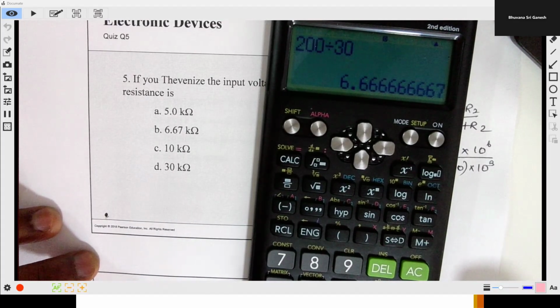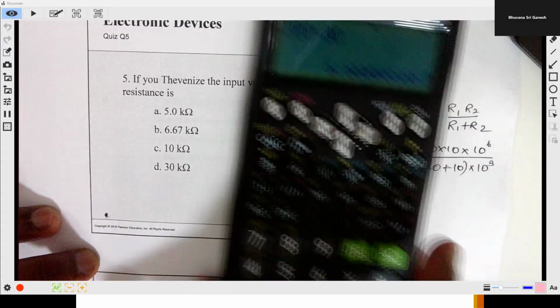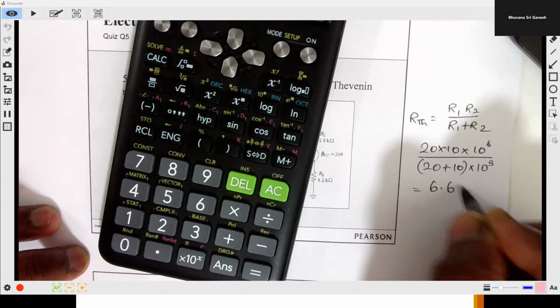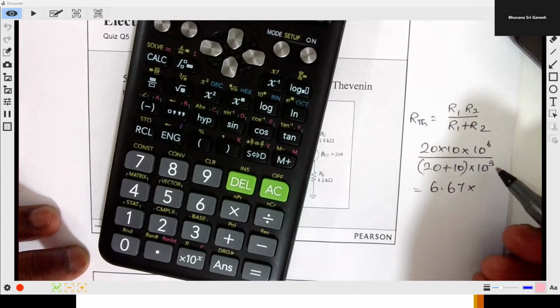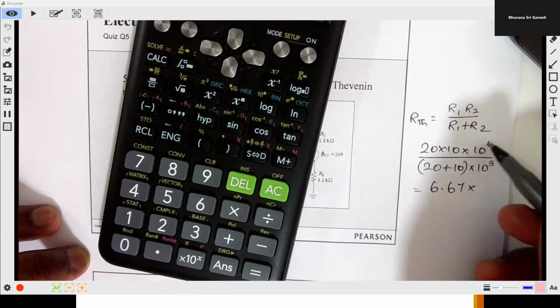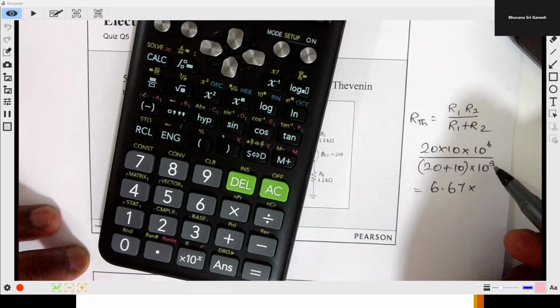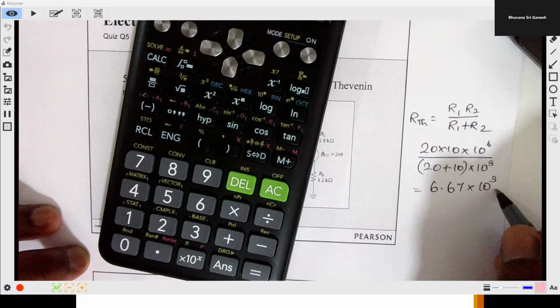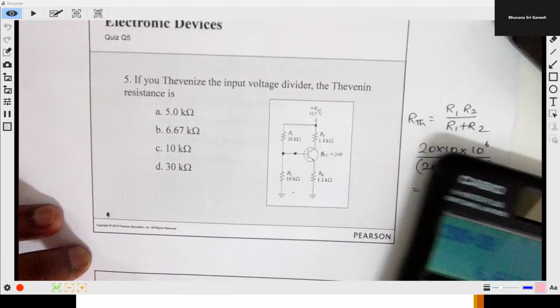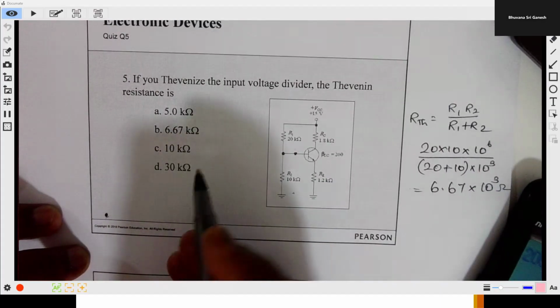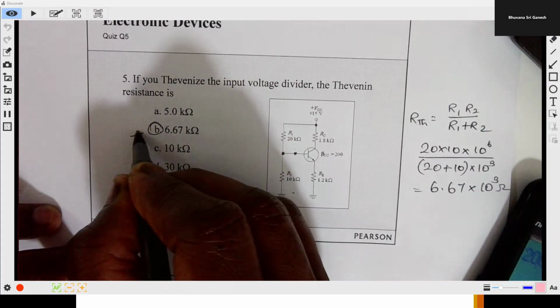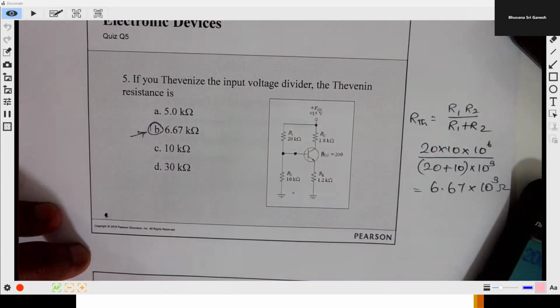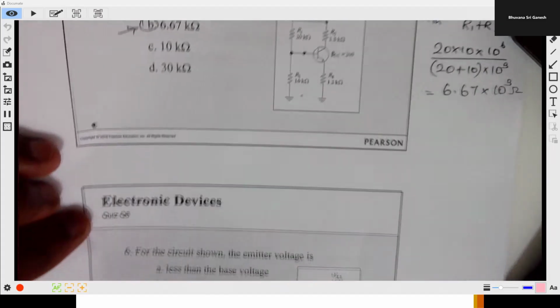We can round it to 2 decimal places. 6.67 times 10 power 6 minus 10 power 3 gets subtracted, so it ends up as 10 power 3 in the answer. 6.67 kilo ohms. Do you have it in the options? Yes, you have. So B is the answer. Okay, so that's Thevenin's resistance. Next is what?